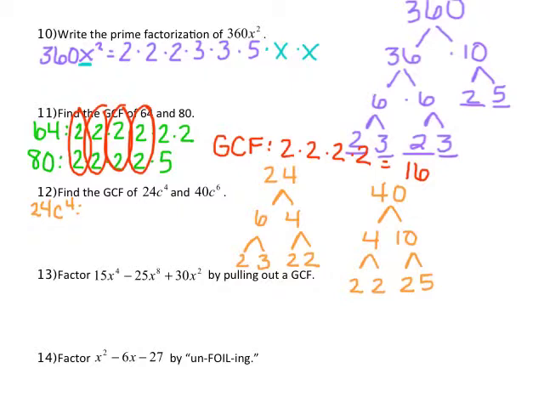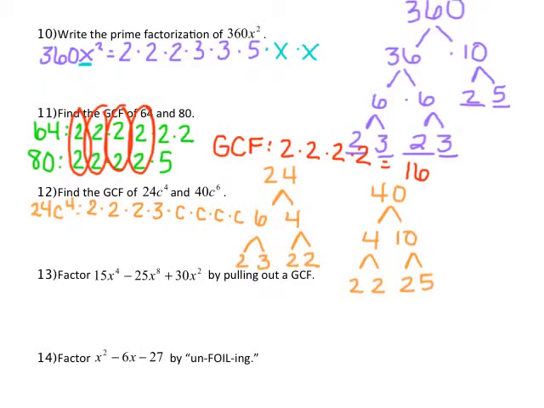So for 24c to the 4th, my prime factorization would be 2 times 2 times 2 times 3. That's just from the factor tree. And then 4 C's.